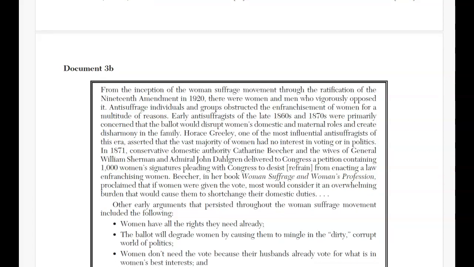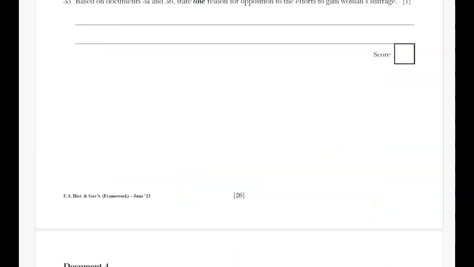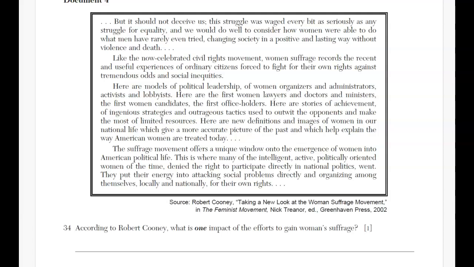Oh, you could talk about in document 3B, you could talk about the counter argument that was being made, anti-suffrage as part of the context, people who voted, who were against it, and the impact then, you want to talk about the impact involved in it.